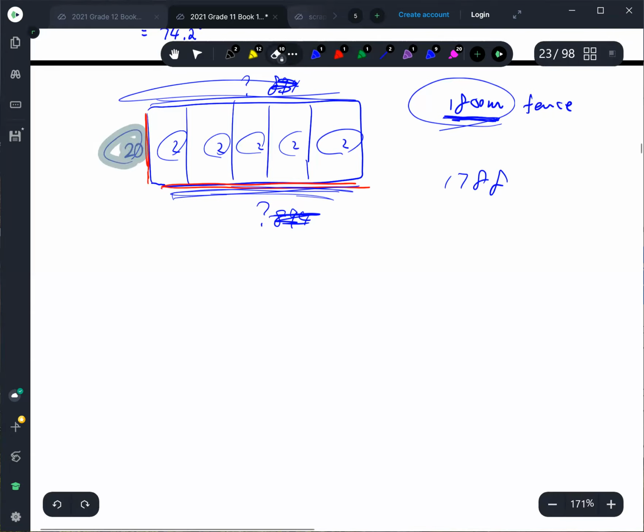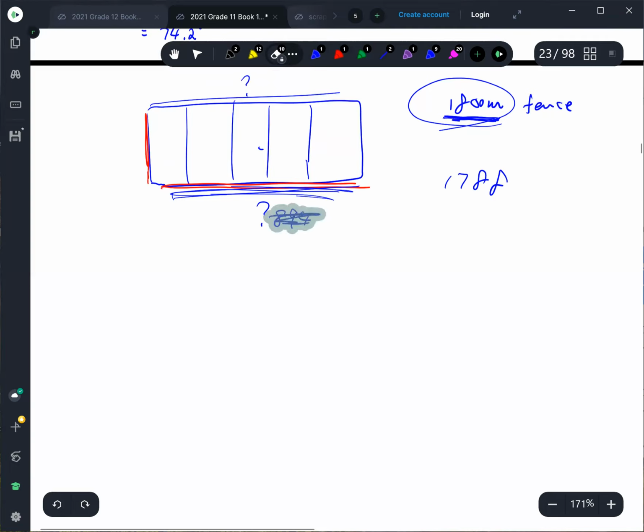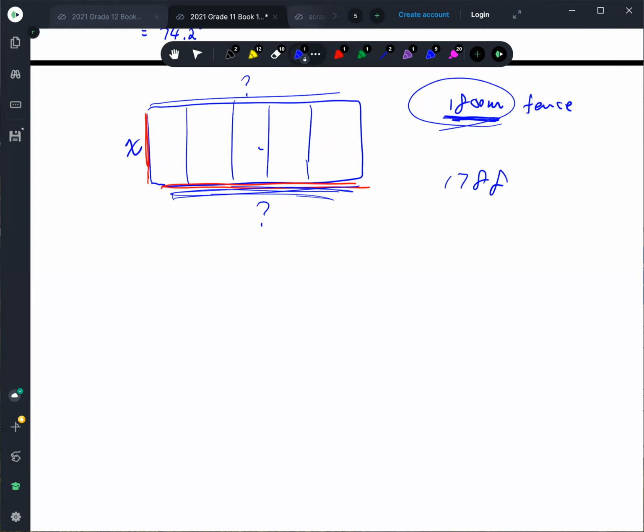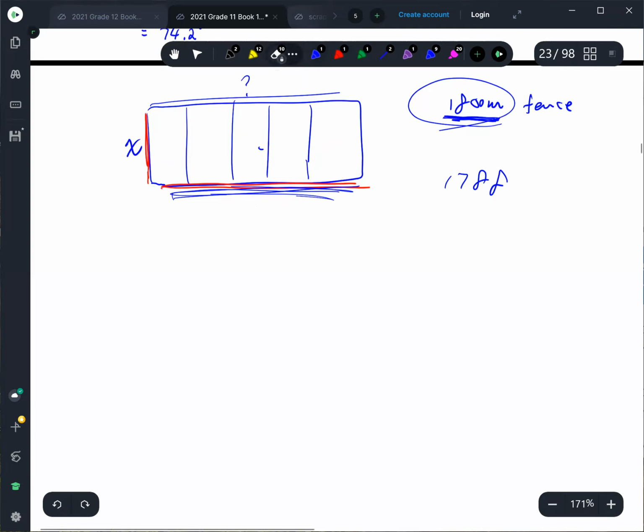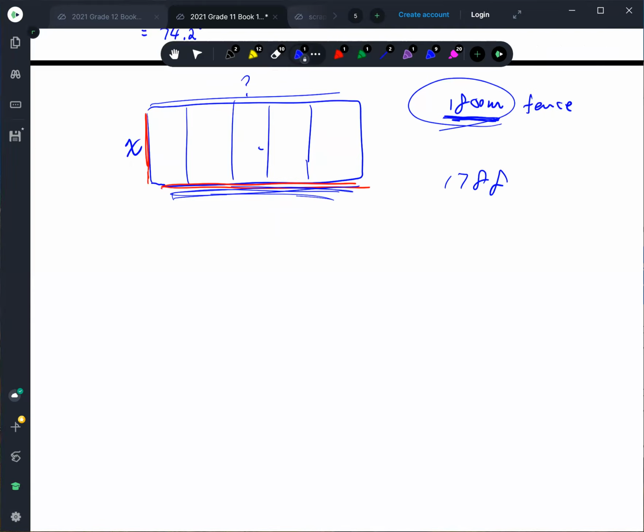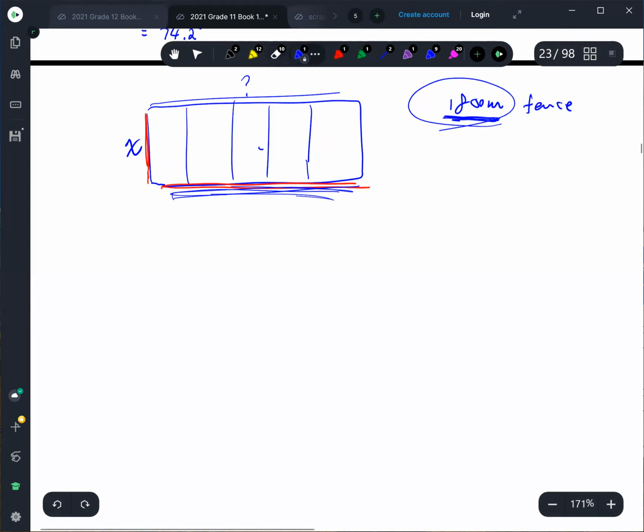Okay, so now instead of numbers, because it keeps changing depending on what you choose, let's say I want the width to be x. How do you find the length if it's x? How do you write an expression for the length? 1800 equals 6x plus 2y.